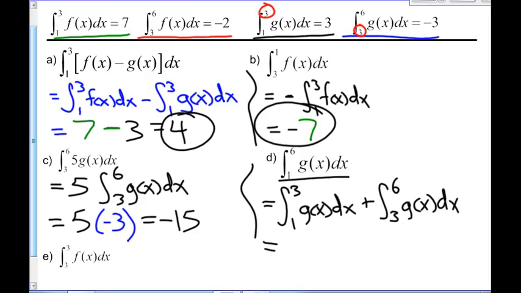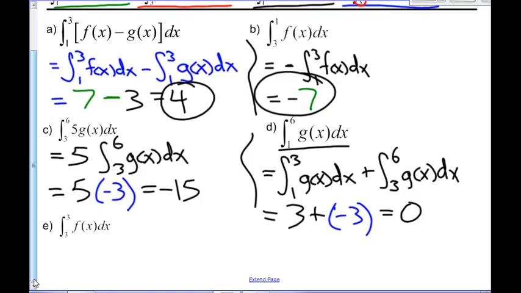So now I can just put them together. 3 plus negative 3. And on this one, it happens to work out to be 0. Meaning, from 1 to 6, there's an equal amount of area above the x-axis and below the x-axis.